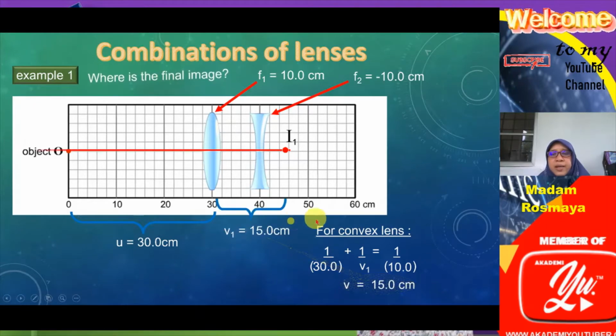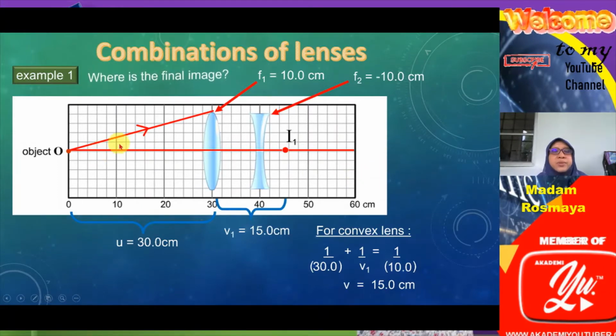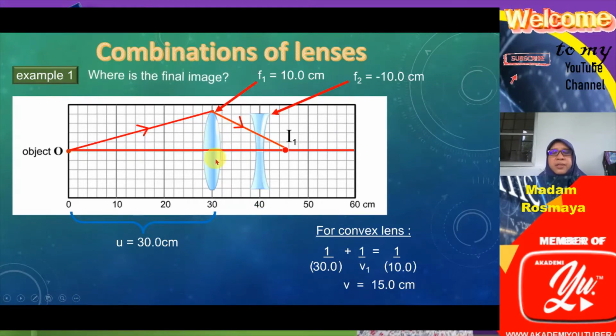Next we are going to calculate for the concave lens. This is the principal axis drawn along the horizontal line here. When we draw the ray diagram, from the object we draw a straight line, and then it is refracted towards the normal because it passes through a different medium in the convex lens, towards the first image here.